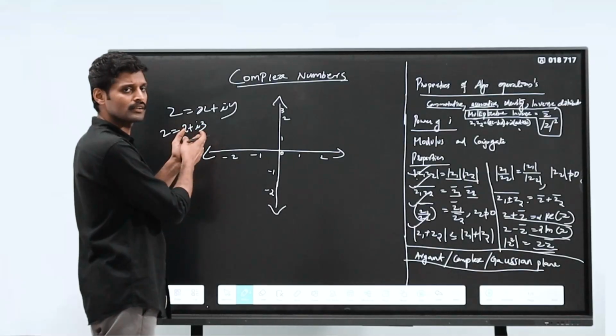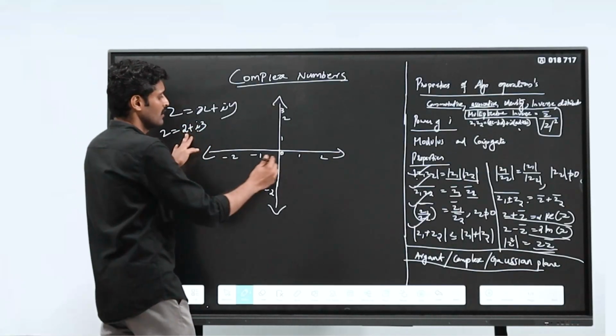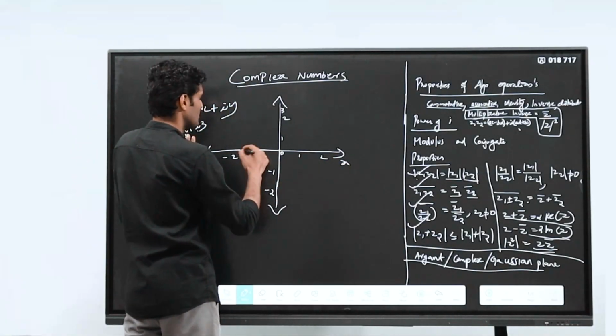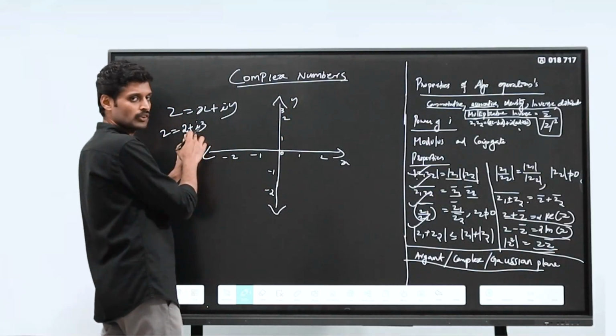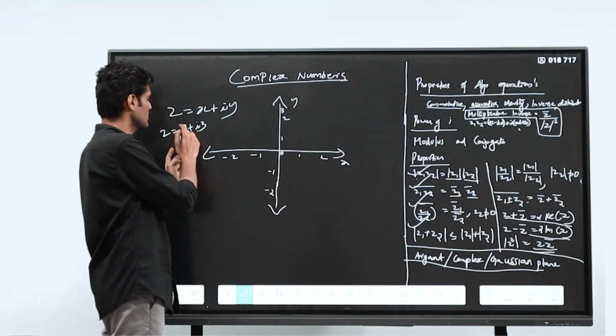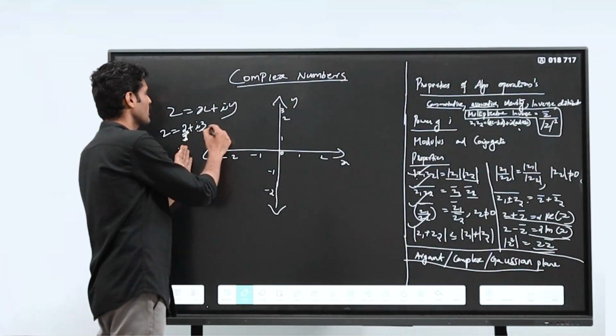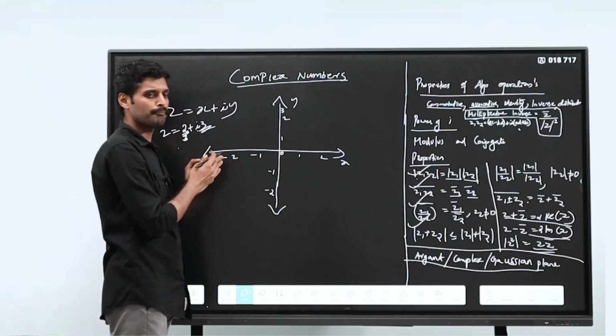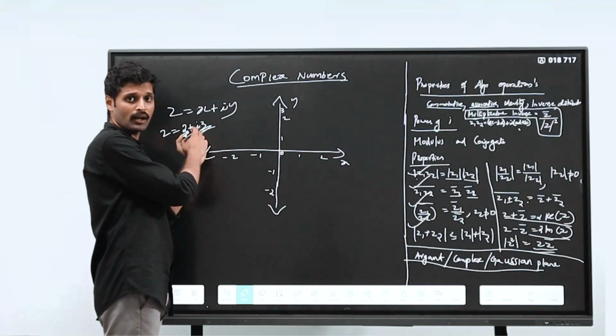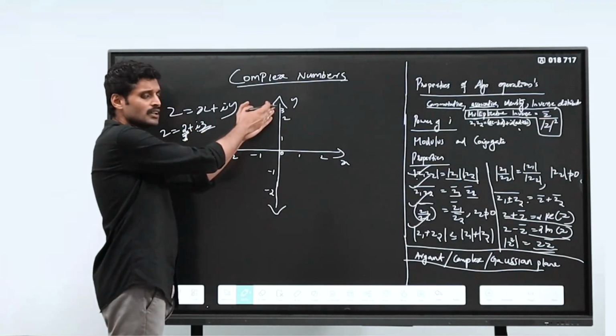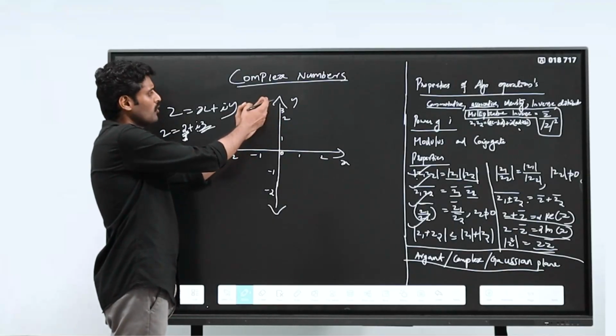Here we can express it in x coordinate and y coordinate respectively. The real part can be expressed in x coordinate, and the imaginary part can be expressed in y coordinate.